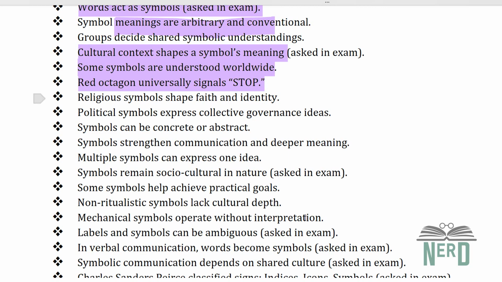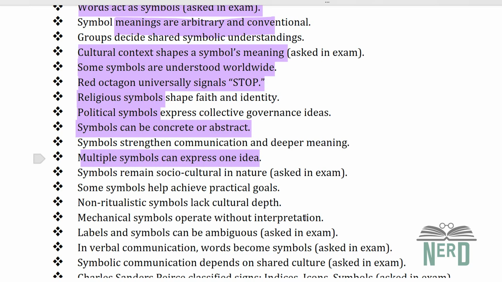Symbols also appear in religious, political, and everyday settings. They can be concrete, like a national flag, or abstract, like the idea of justice. They help us communicate more powerfully by adding layers of meaning to our messages. Sometimes, a single idea may even have many different symbols depending on the language or culture.